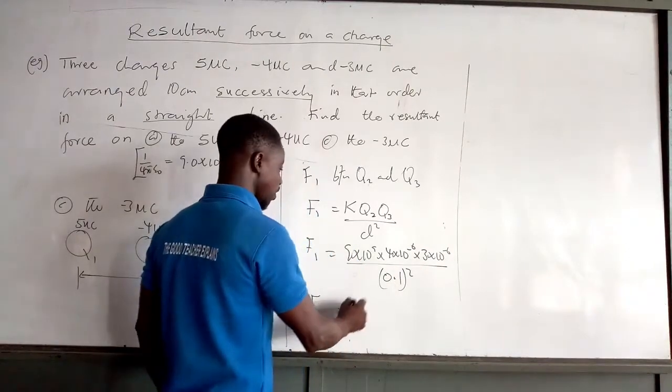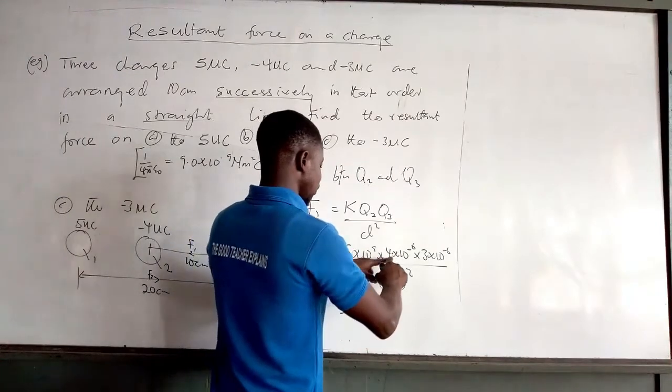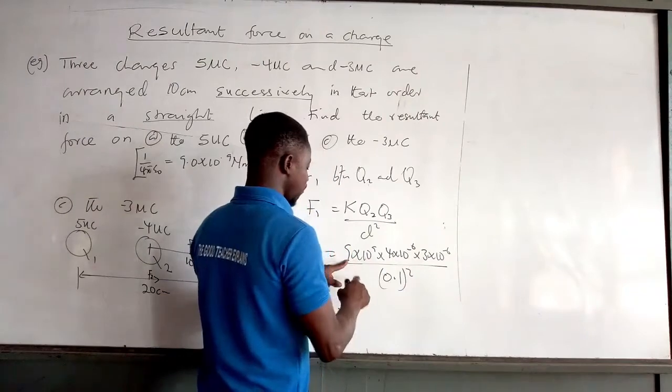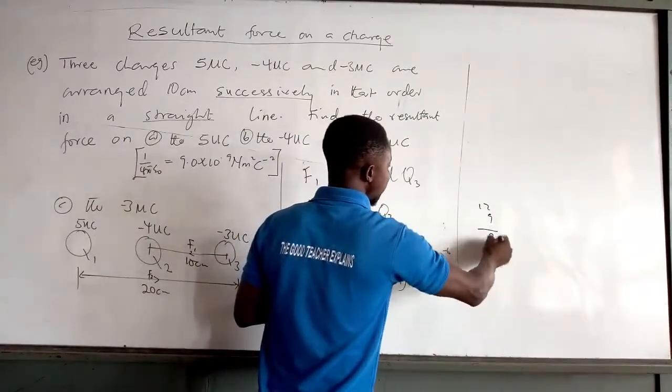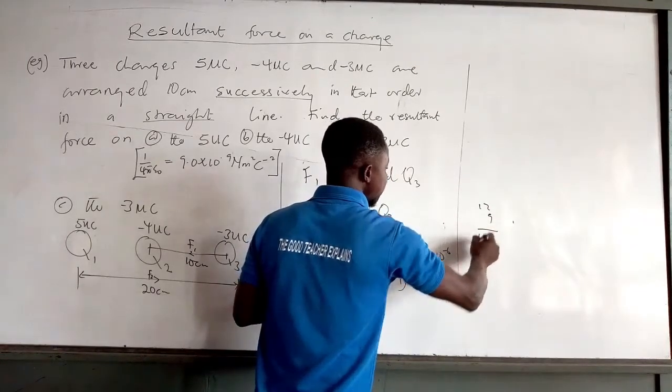So therefore, F1 is equal to 4 times 3 is 12, 12 times 9 is 108.